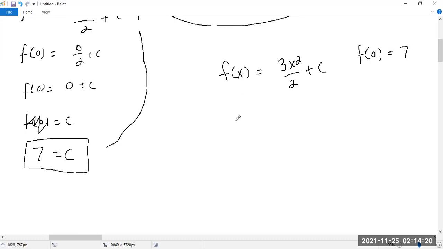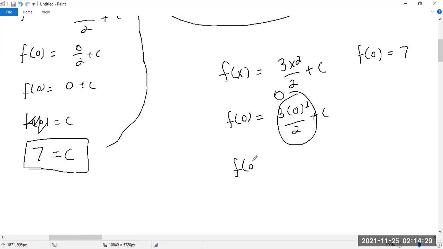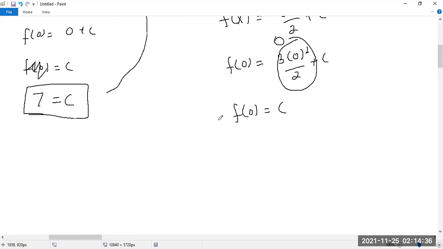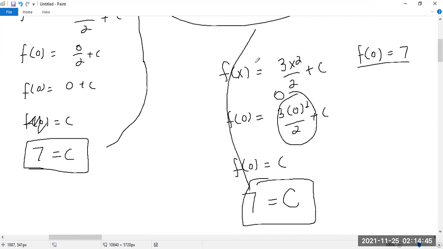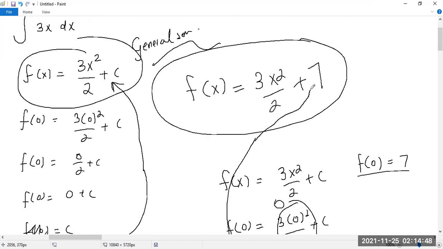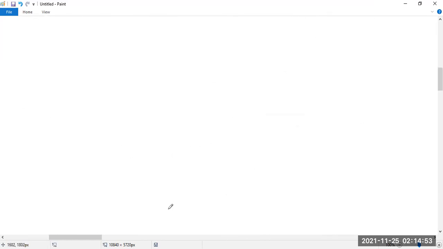So we do f of 0, and we see that this goes to 0, right? So this means f of 0 equals c. So we're just solving for everything that we know. And we know that f of 0 is 7. So we can put 7 here, and then we get c. So 7 equals c. And we can now go back to our general solution and substitute 7 in, and that would be our answer.